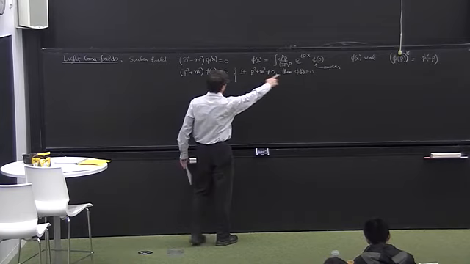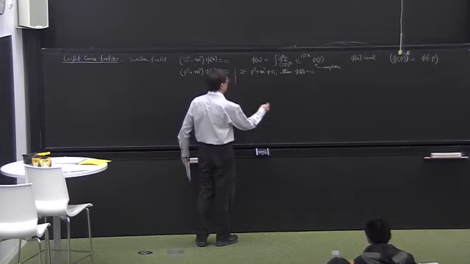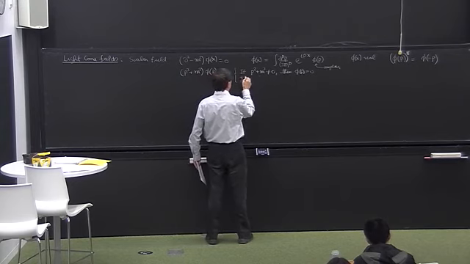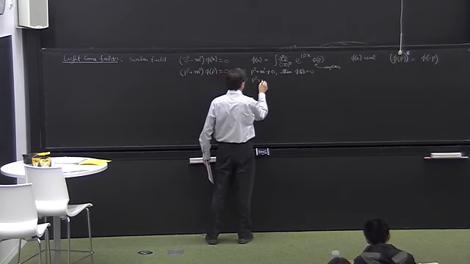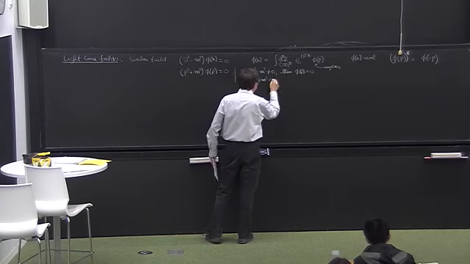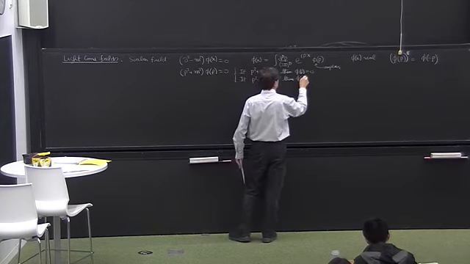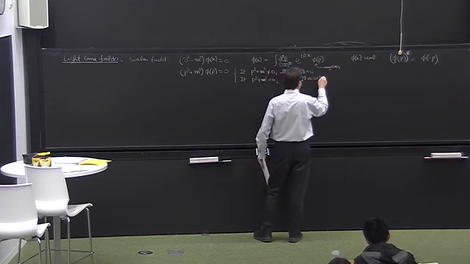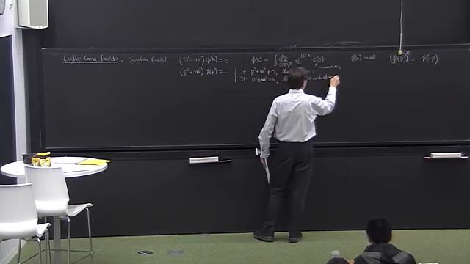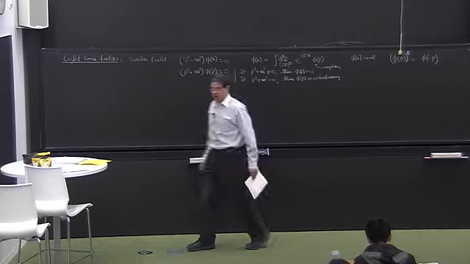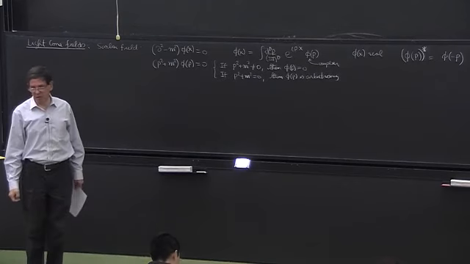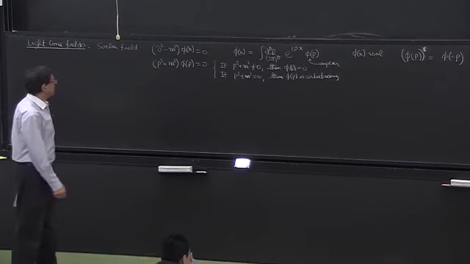So if p² + m² is different from 0, φ(p) is 0. And if p² + m² is equal to 0, then φ(p) is arbitrary. Kind of strange looking, but that's correct.